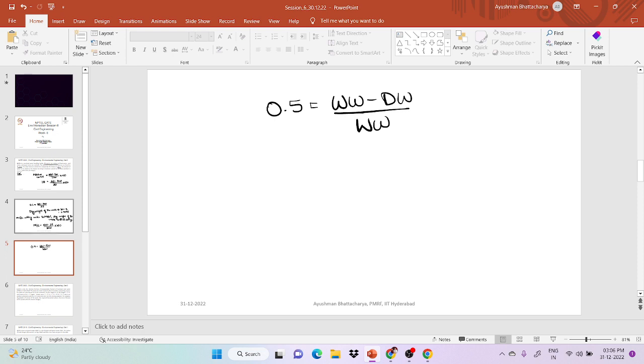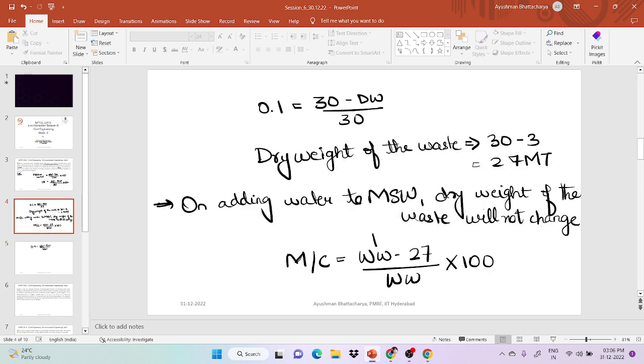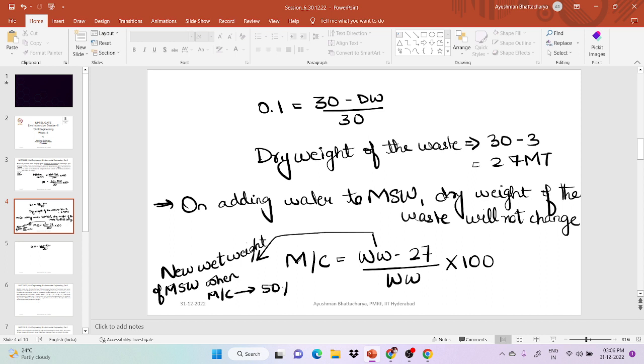When I say the weight of wet waste, it is the new wet weight of the municipal solid waste when the moisture content is increased to 50%.